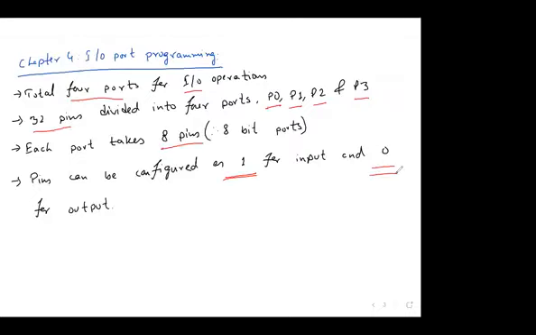Let us see an example, then it will be much more clear. But for now, the few things you need to know are that we have a total of 4 ports, with 32 pins equally divided among them. That's why each port is an 8-bit port, and the names are P0, P1, P2, and P3. Now let us see how it acts as input and output.